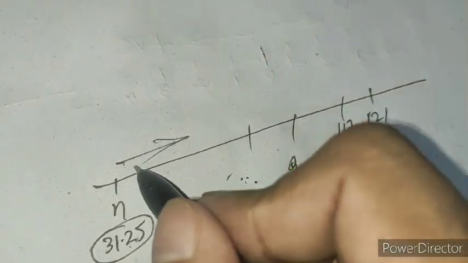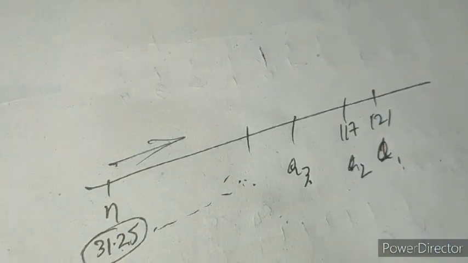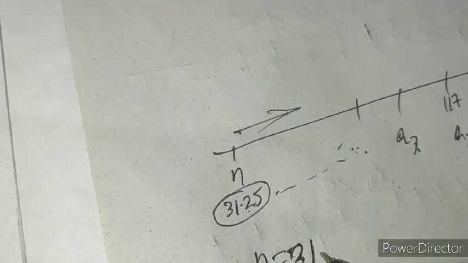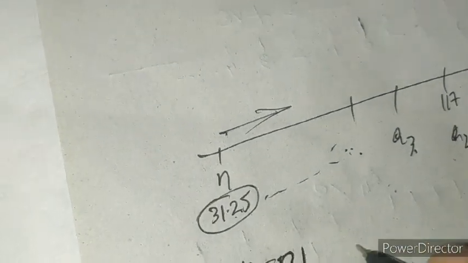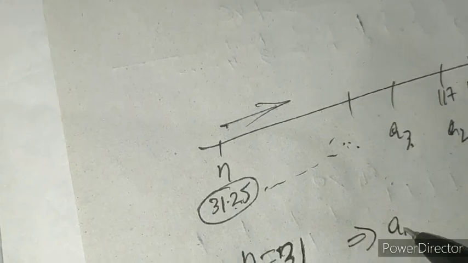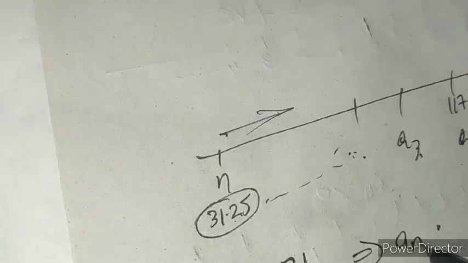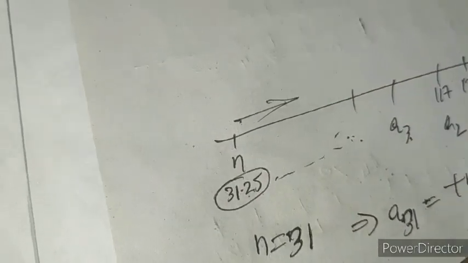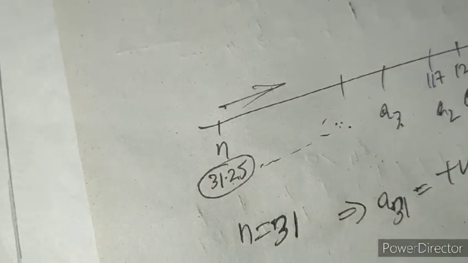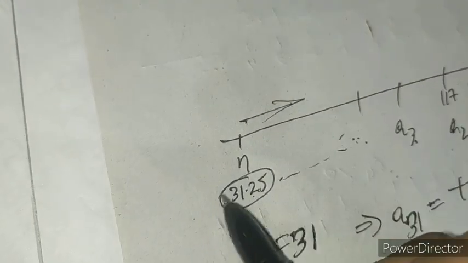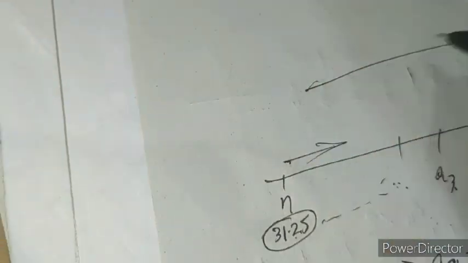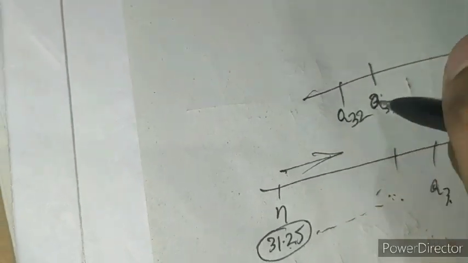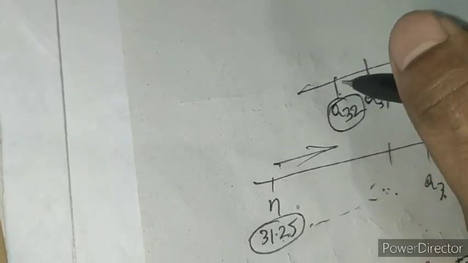So if you take 31, when n is equal to 31, then a31 will be what? Positive, right? And when n is equal to 32, that means after the 31st term, the 32nd term is the first negative number.